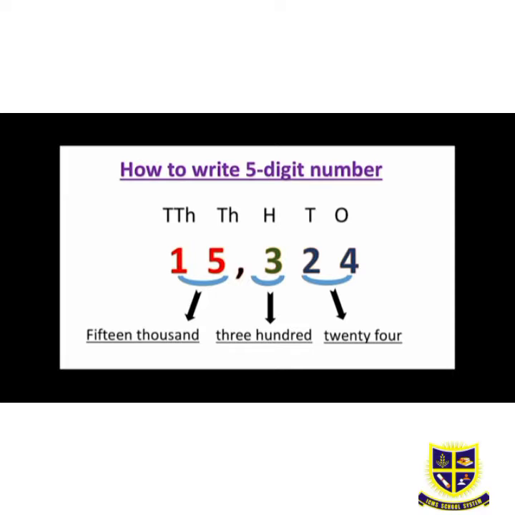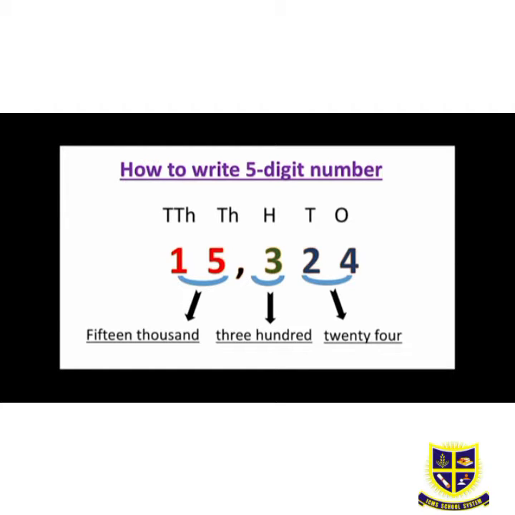Also, when it comes to a 5-digit number, we can put a comma after the first 2 digits. So I can put a comma after 5, that is, after the thousands place.